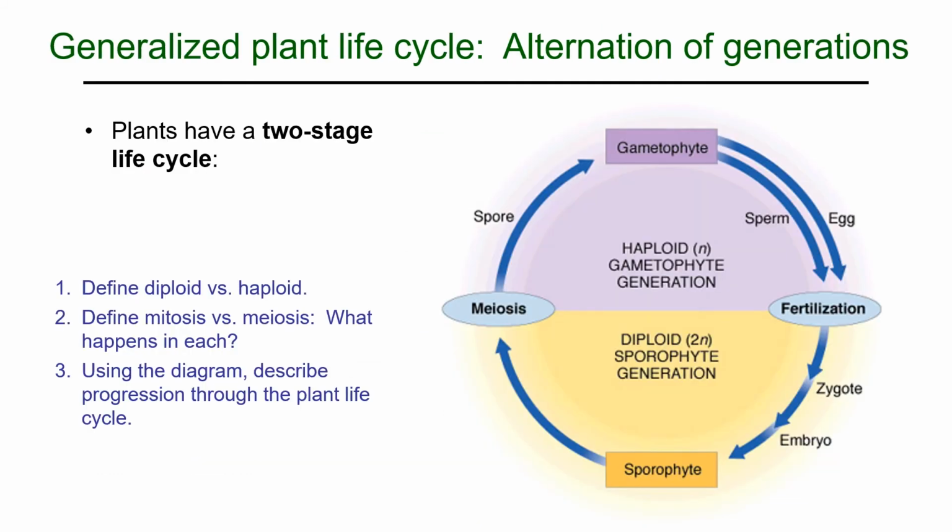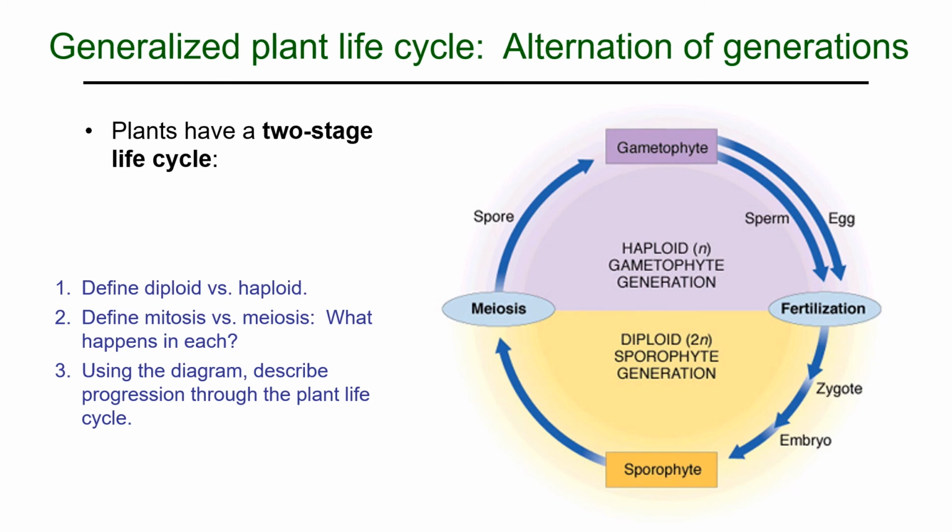Okay, here's back to our life cycle. So now we understand that diploid organisms would have 2 complete sets of chromosomes in each cell, haploid organisms would have 1, and that if those cells are dividing and the resulting new cell is identical, that's a mitosis process. If there's a reduction division, then that's meiosis.